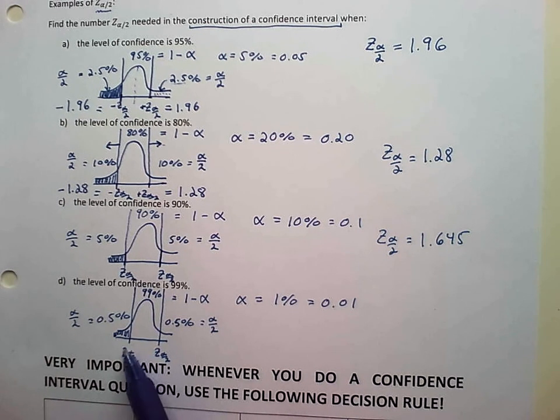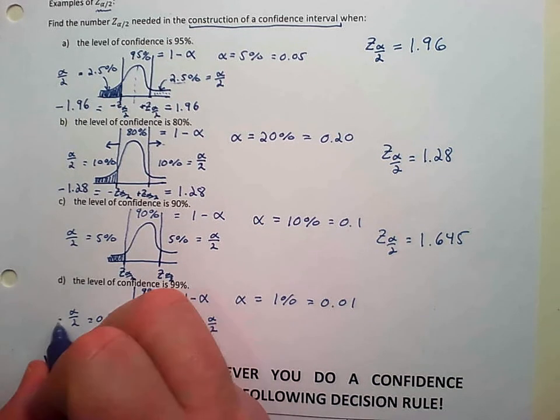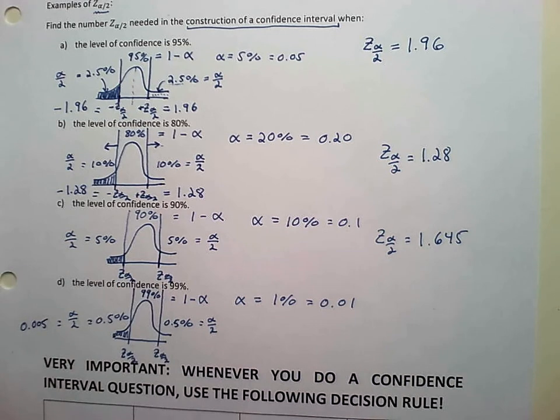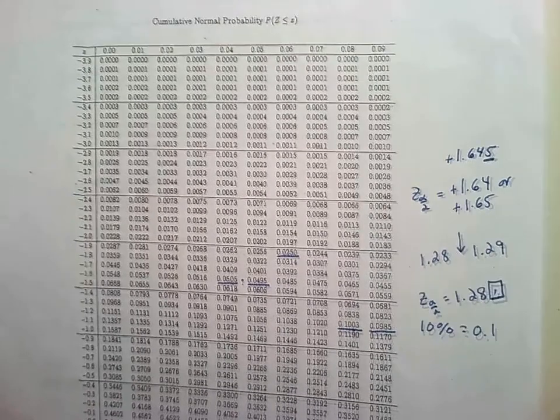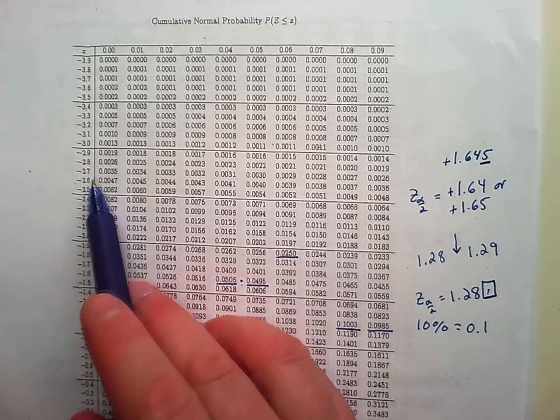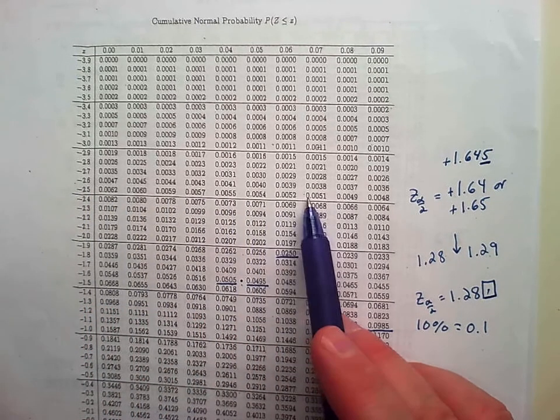So again, if you're trying to figure out what this z sub alpha divided by 2 is, here in this tail we have 0.5%, which is just the same thing as 0.005. Right, 0.5% is 0.005. So again, now in our table we're going to go hunting for 0.005. And the closest that we can get to it is for negative 2.57.